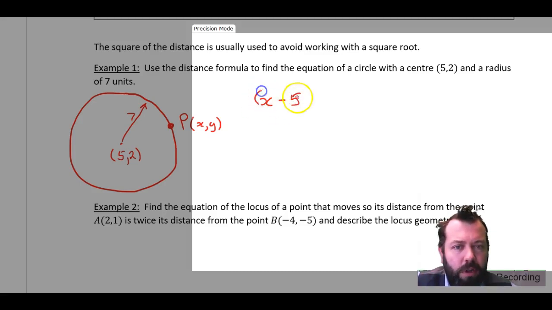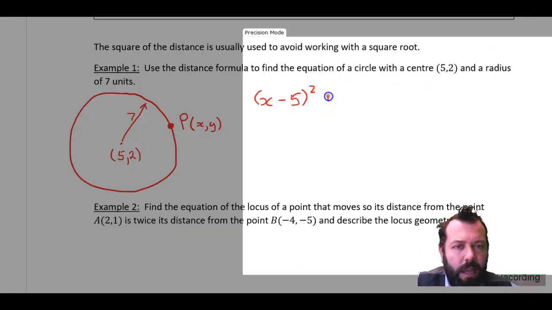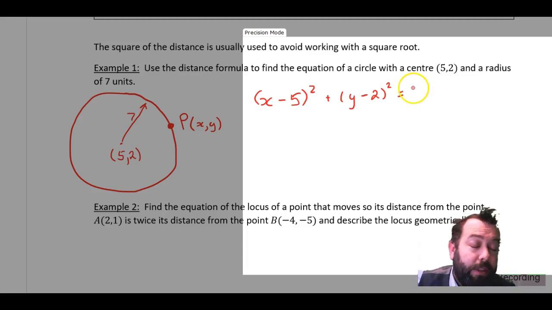That's x2 minus x1 squared, there's my x2 and there's my x1. And the same thing with the y's: y minus 2 all squared equals the distance squared, and we know that the distance is 7, so I'm going to call that 49.